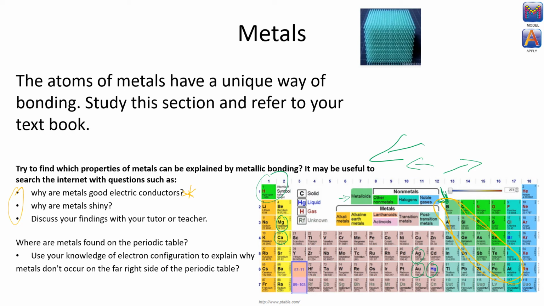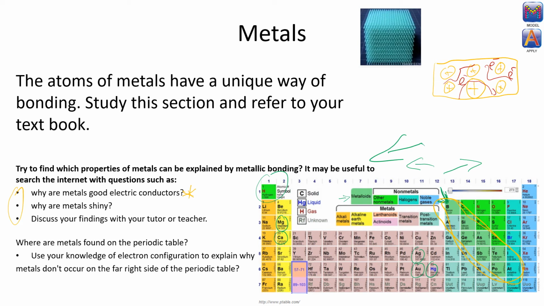We often refer to metals as having a metallic lattice, which is kind of like this: if you have a piece of metal, you have a bunch of positively charged atoms, and mixed around them is this sea of electrons that can flow easily. So all the electrons around here can move around these positively charged atoms.